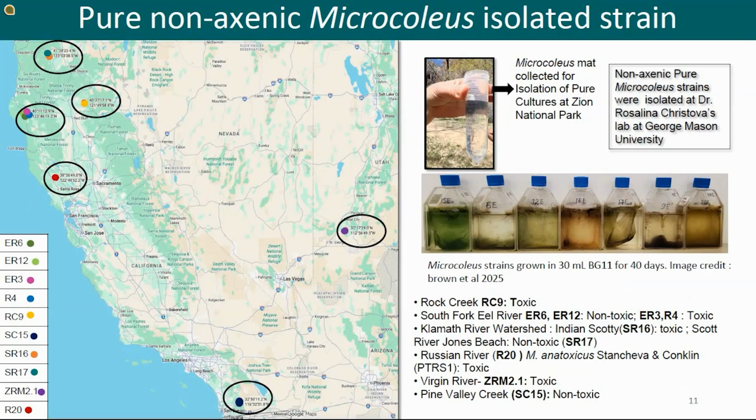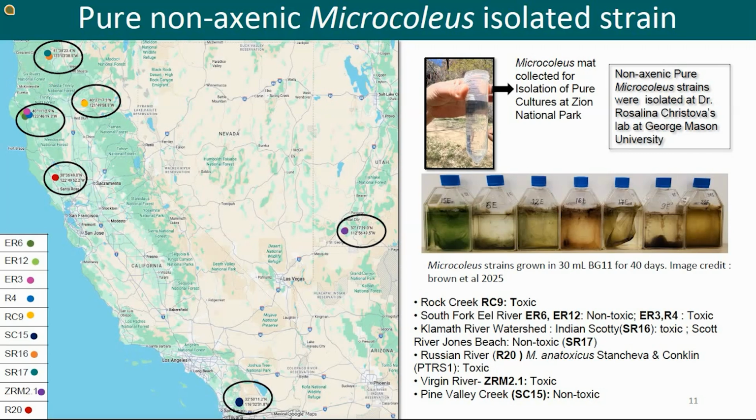Here, from Eel River, we have 4 different strains: ER6, ER12, ER3, and ER4. From the Klamath watershed, which is the same watershed as Salmon River, we have strains RC16, SR16, and SR17. From Rock Creek, we have 1 strain, RC9.